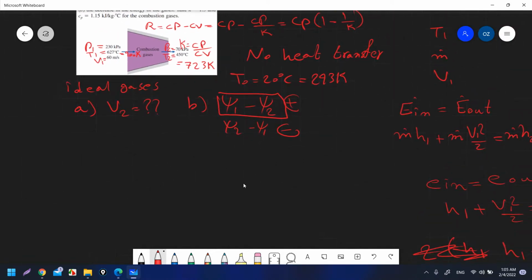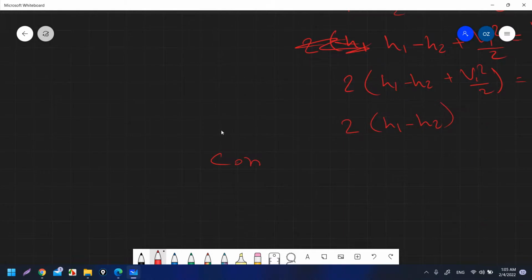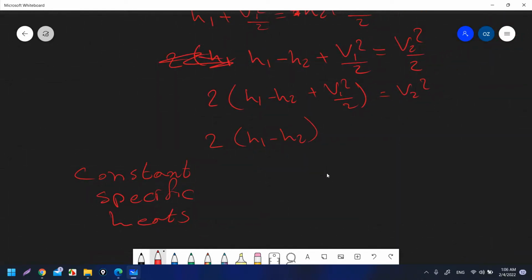So I am forced to use constant specific heat, because for variable specific heat we don't use Cp or k or Cv. So I can say h1 minus h2 is Cp delta T.